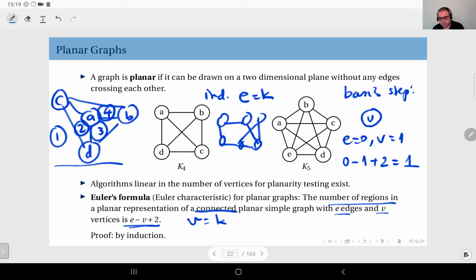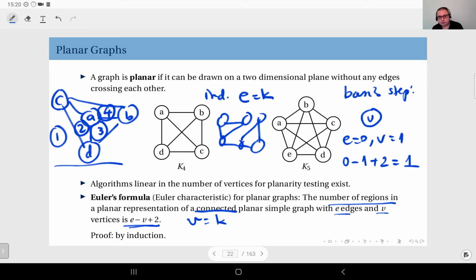Therefore, you cannot really cross other edges. So what you add is something like this. Okay, so the number of regions increases by 1 through this addition.